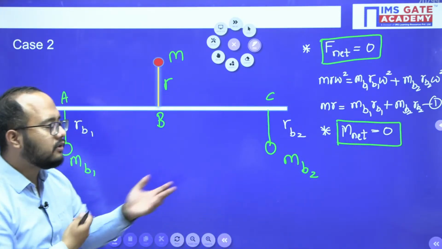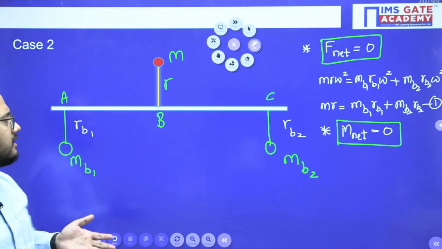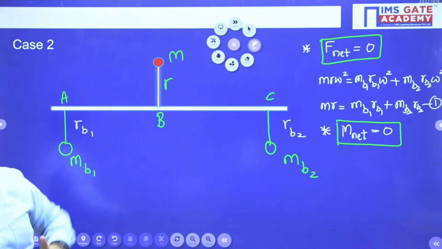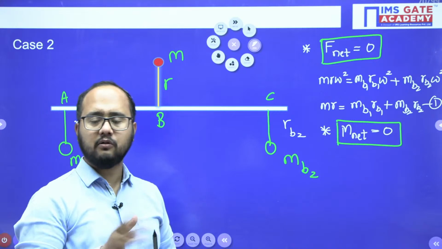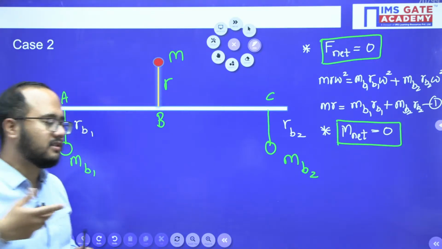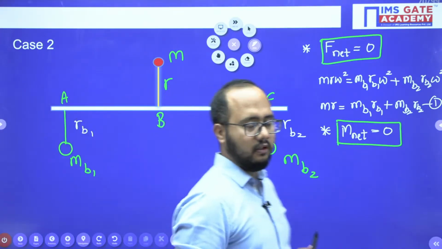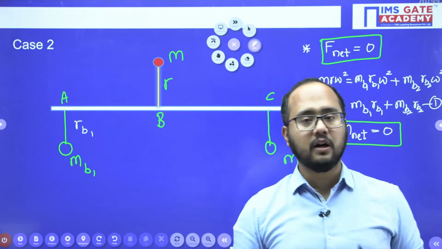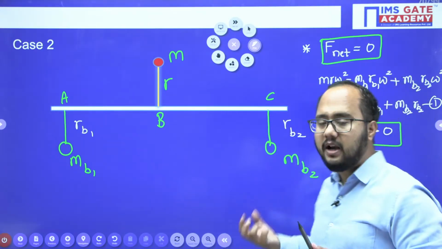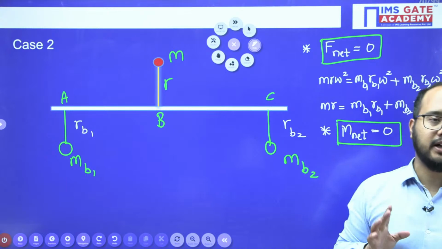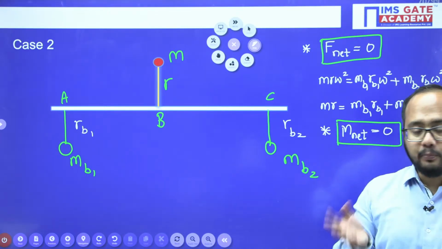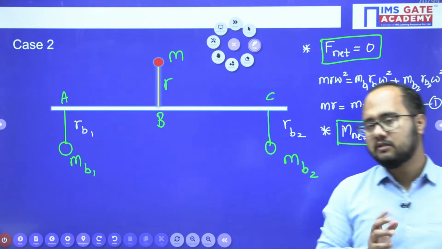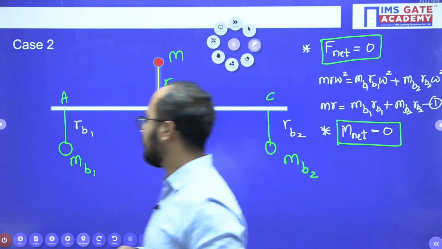Now where should I take the moment? You can consider any point, A, B or C. How will you decide? You should ask, sir, how do I decide which point to select? It depends on which parameter you need to calculate and which parameter you know. Based on that I can select the point.